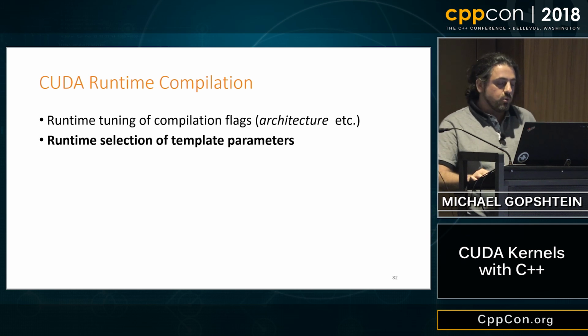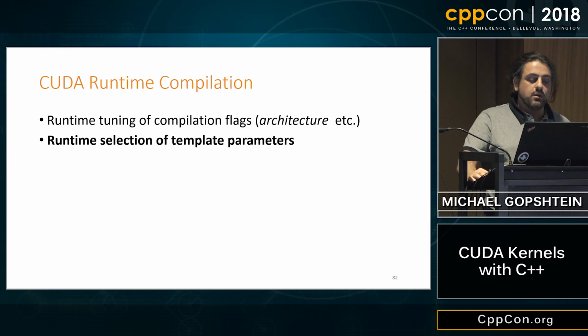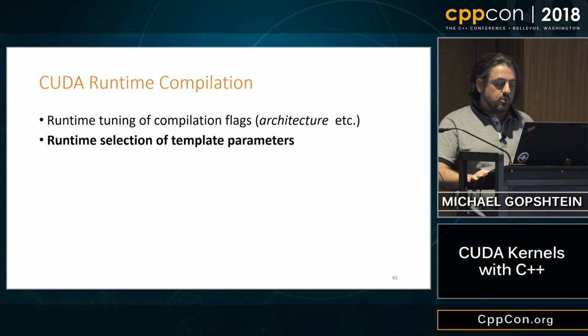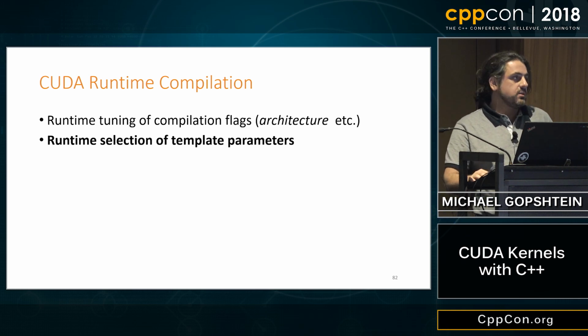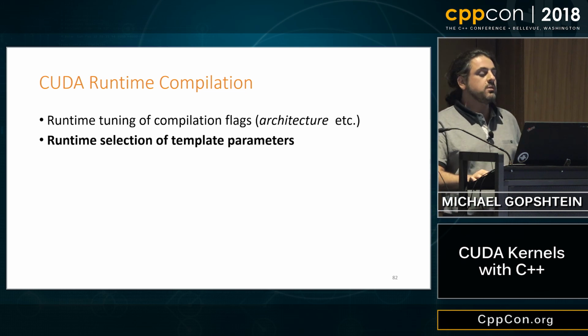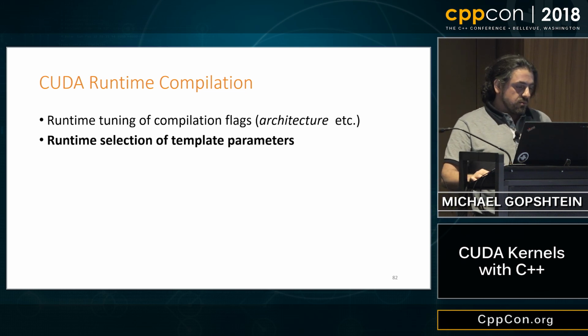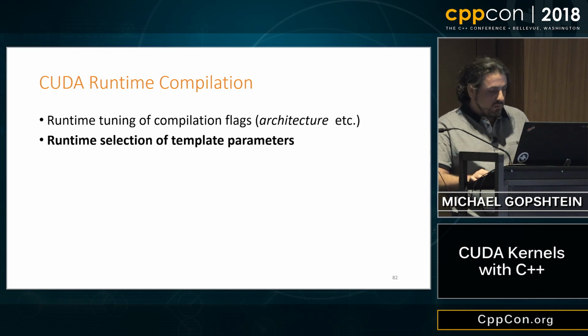So in runtime, we can check, for example, which GPU our system is using, and then tune the compilation flags to use the appropriate architecture and other flags. But the more C++ aspect of runtime compilation is the ability to select template parameters in runtime.